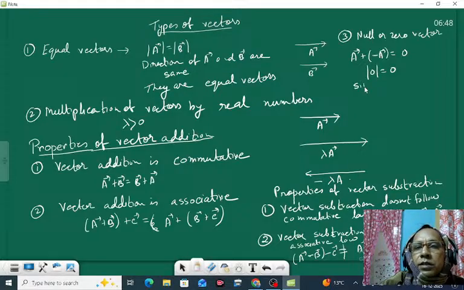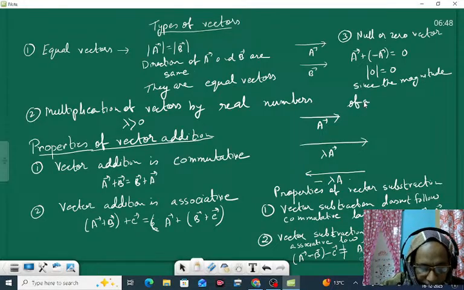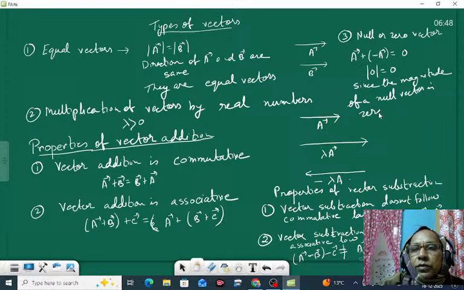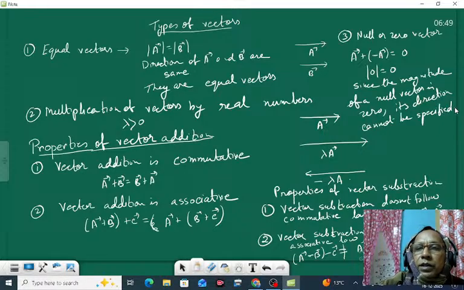Since the magnitude of a null vector is 0, its direction cannot be specified, right?